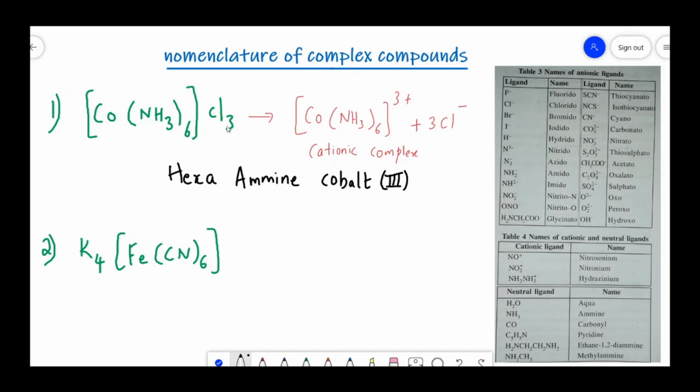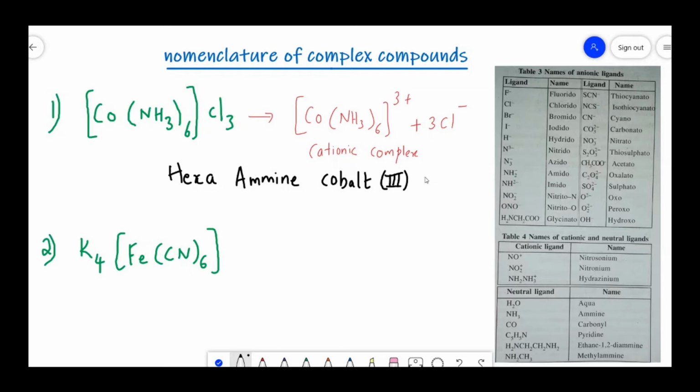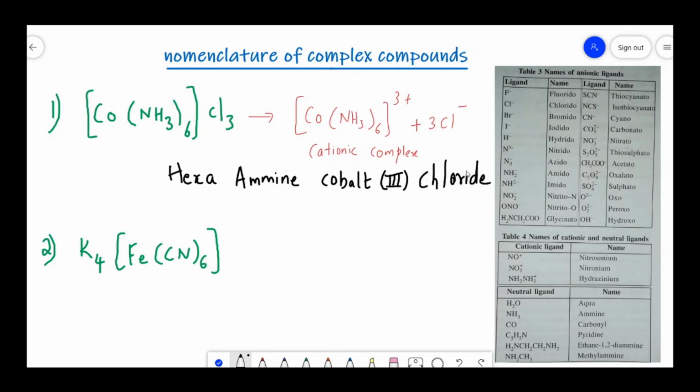Outside the complex there is chlorine, so these are chloride ions. Cl minus is nothing but chloride, and outside the complex there is no need to mention the number, so you can directly write chloride. That's all. This is how we write the name of a cationic complex.